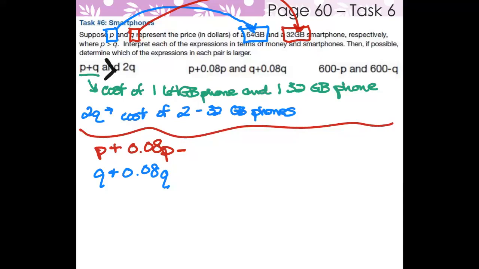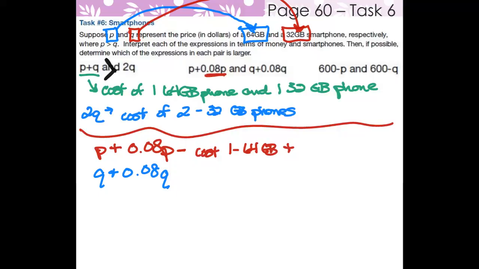What does P represent in this problem? Come on, put on your thinking caps. Okay, so the cost of one 64 gigabyte phone, right? Plus 0.08 P. What operation is happening in between there, Rodney? When I say 0.08 P, is that adding, subtracting, multiplying, dividing? Yeah, it's multiplying.